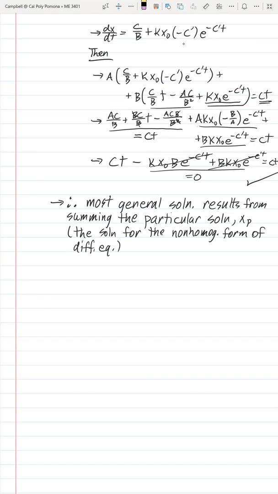Results from summing the particular solution with, as we saw last time, now here we can truly say a linear combination. So notice I can't multiply.